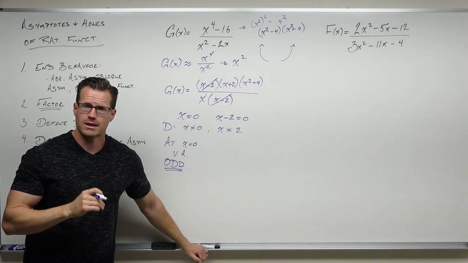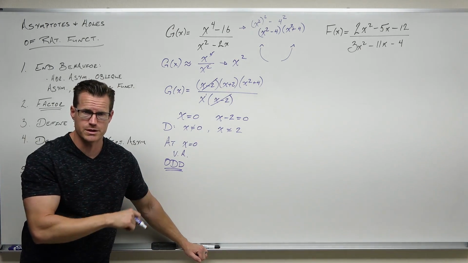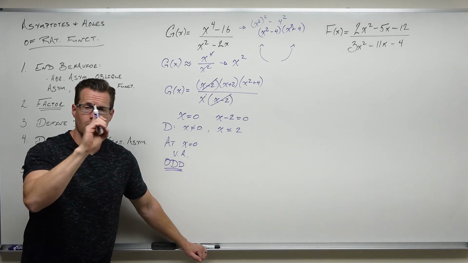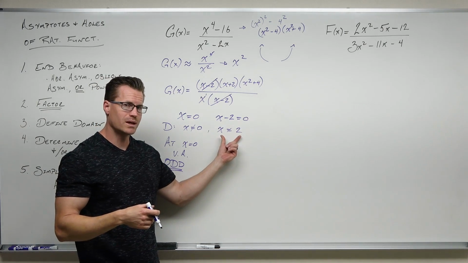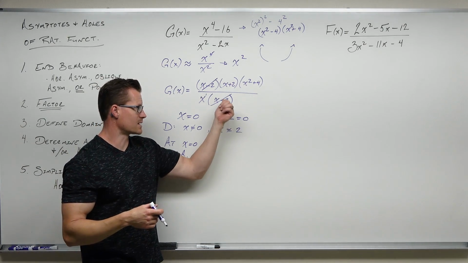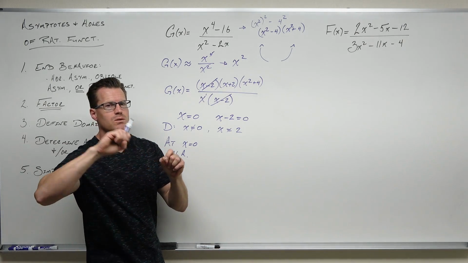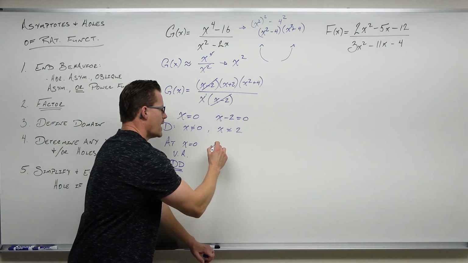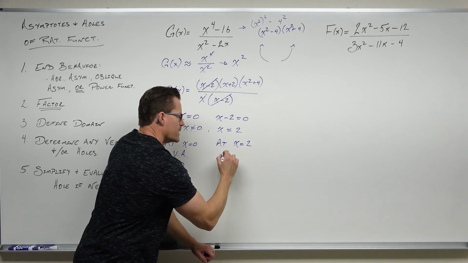When you can cancel out a factor that's causing a domain problem, a 0 in your denominator, that defines a removable discontinuity, or in other words, a hole, a missing point. You can't let 2 go into your function because it causes this problem, but it's just going to be one point that's removed from your function. So at x equals 2, we have a hole.